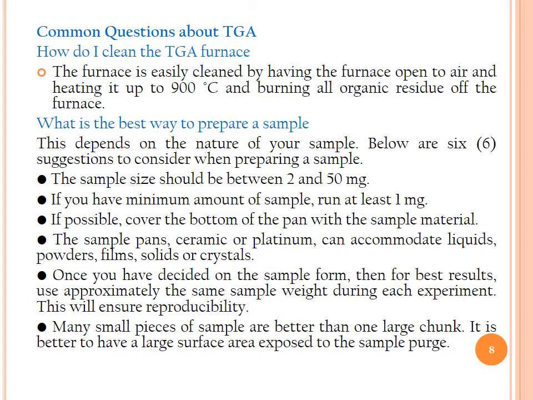Many small pieces of sample are better than one large chunk. A chunk is a haphazard piece of any type of sample under investigation. It is better to have a large surface area exposed to the sample pan. If we have a uniform sample, we will get the most reliable and accurate result.